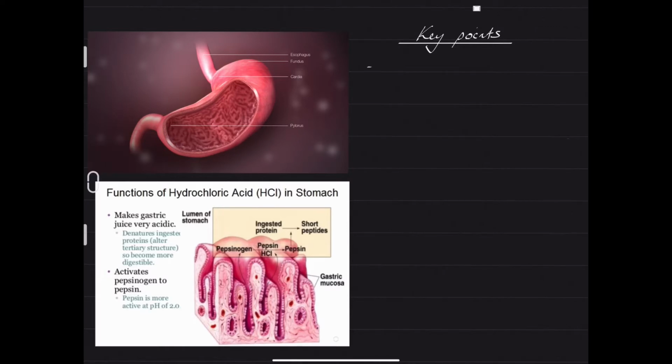So the first point is we say that in digestion there are various enzymes, not just one enzyme, various enzymes that work best at different pH levels.